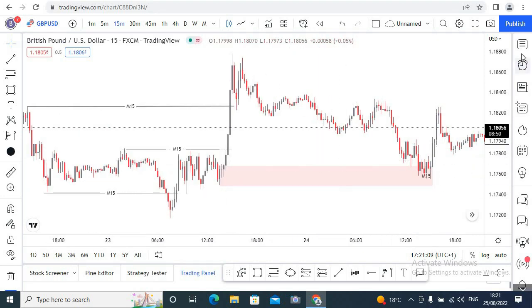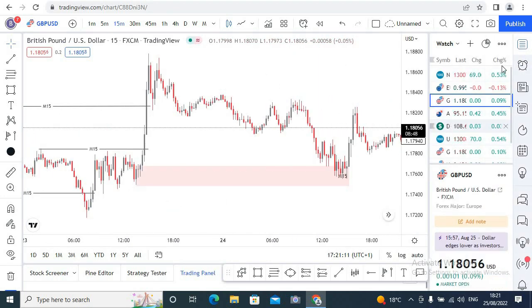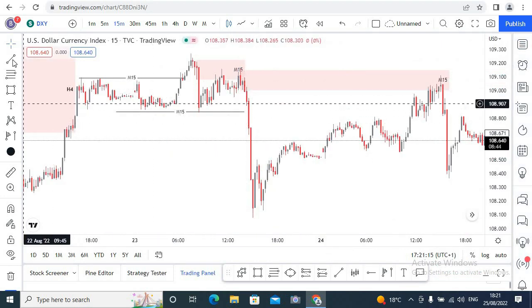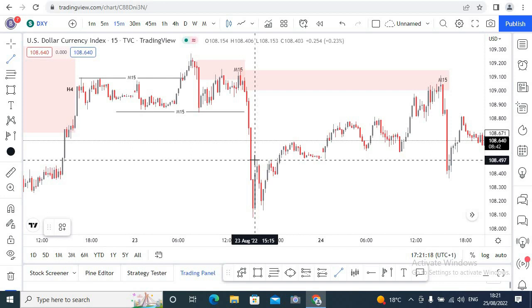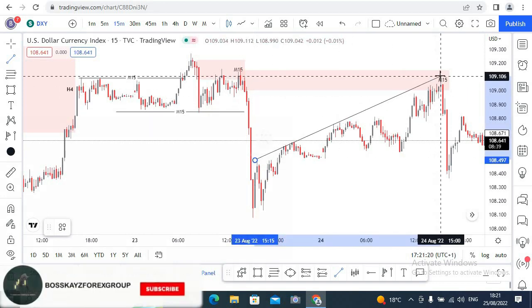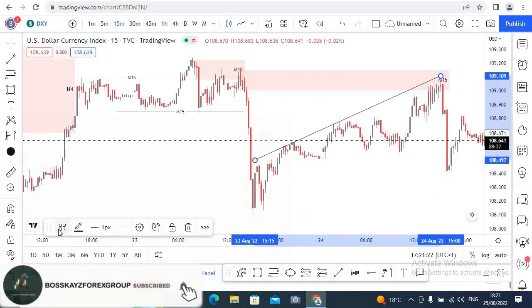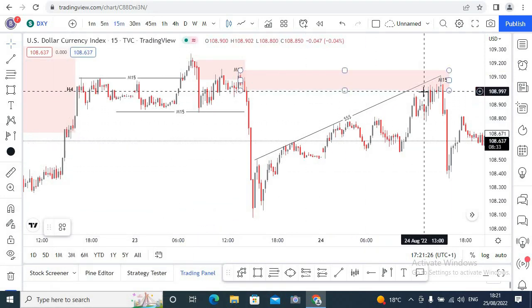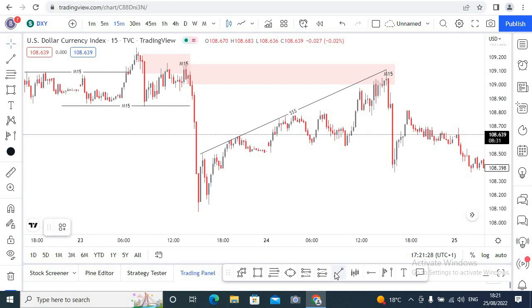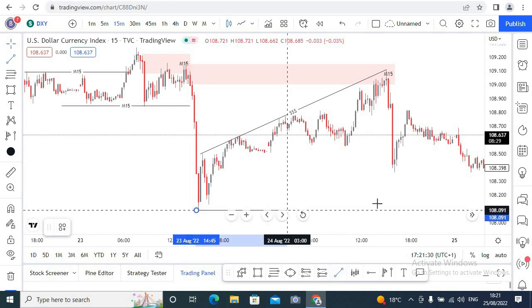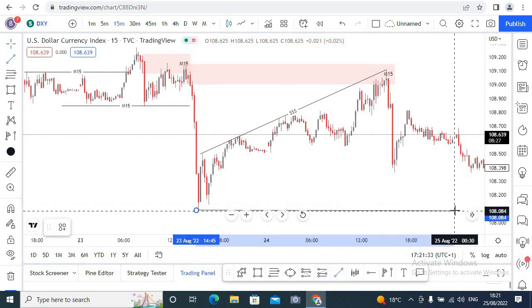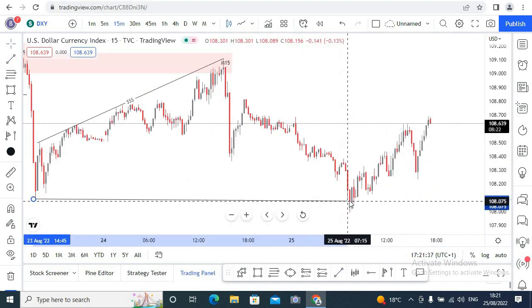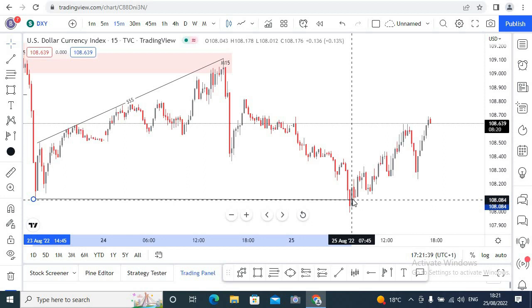So if you did know that on DXY we had a nice supply, and as you can see, this was compression as a correction to our order block or to our supply zone area, and the price gave us a nice move to that zone area, and this was going to be our first take profit right there, guys. This was going to be our first take profit, as you can see, right?